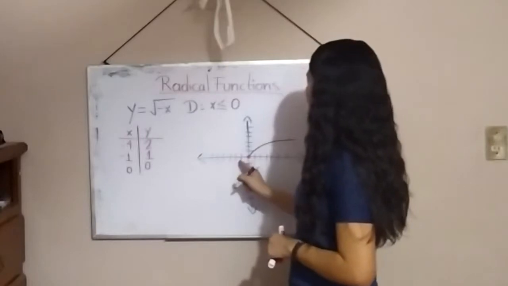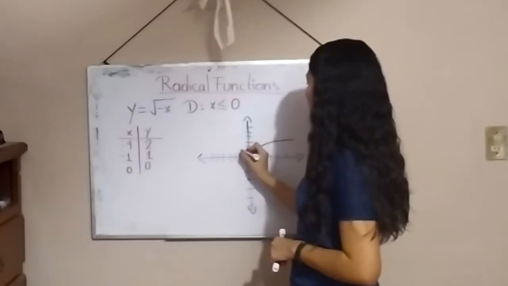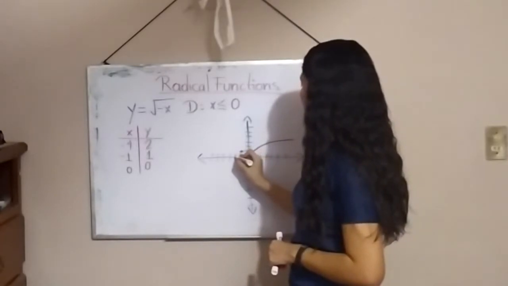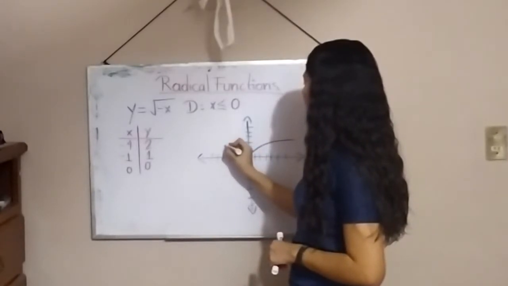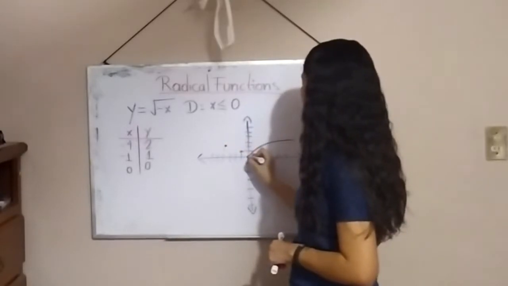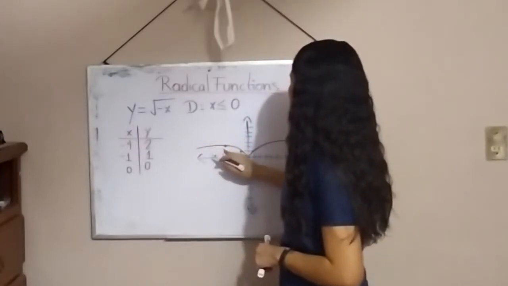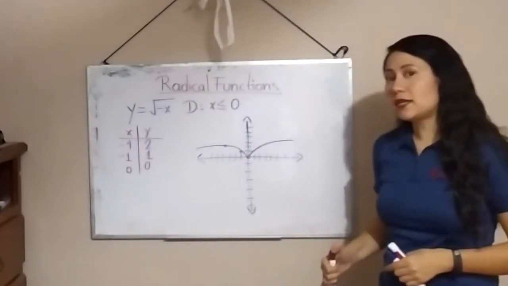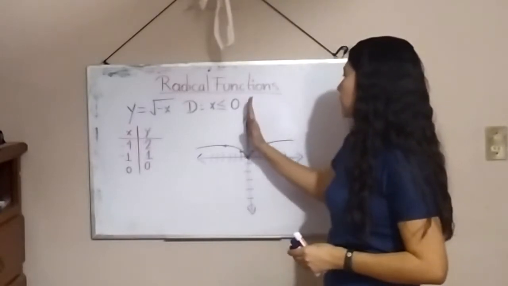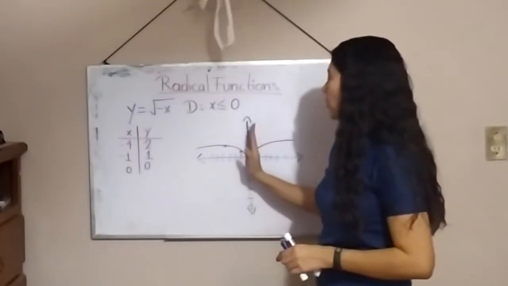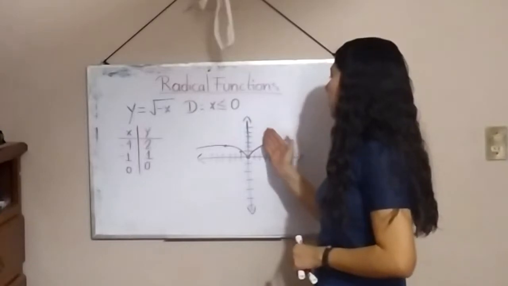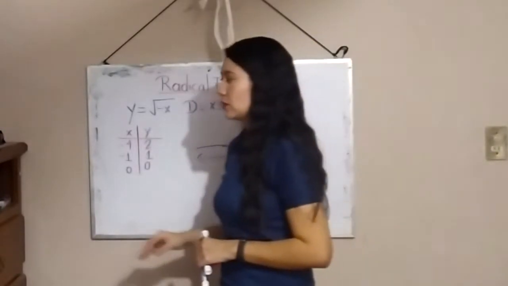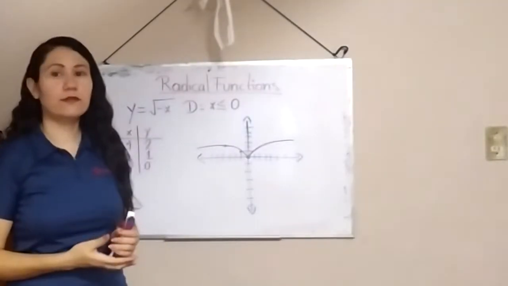We have negative 1 in x and 1 in y, and we have negative 4 in x and 2 in y. So we have this curve. As you can see, it is just as if the y-axis was a mirror and we have a reflection of our function. That is what is called reflection.